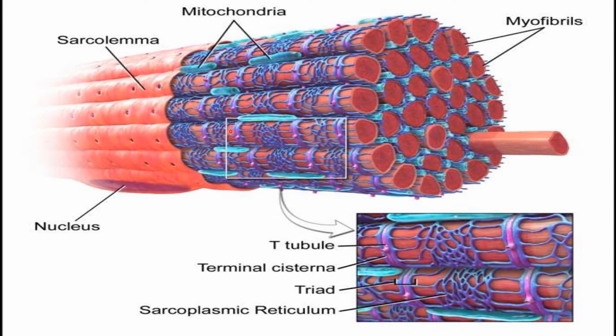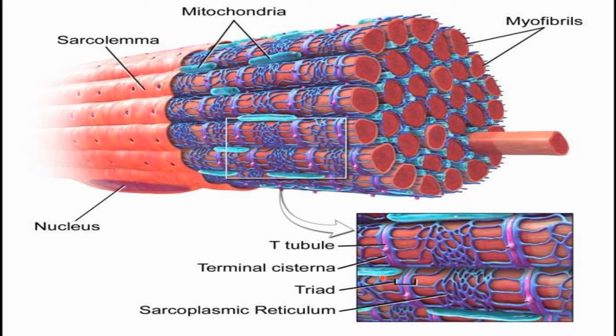Again, this blue one is the mitochondria. This is a picture of skeletal muscle. This is sarcolemma. These are the peripheral nuclei. These are myofibrils covered by a layer of connective tissue which is called endomysium. This blue one is the sarcoplasmic reticulum.